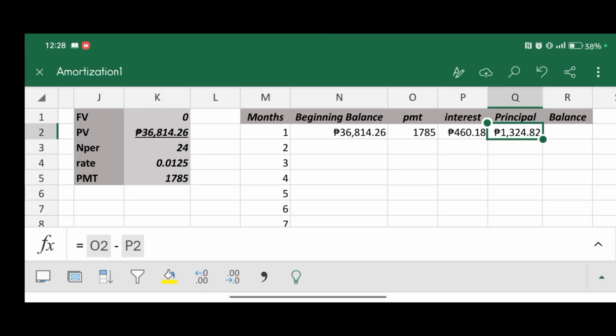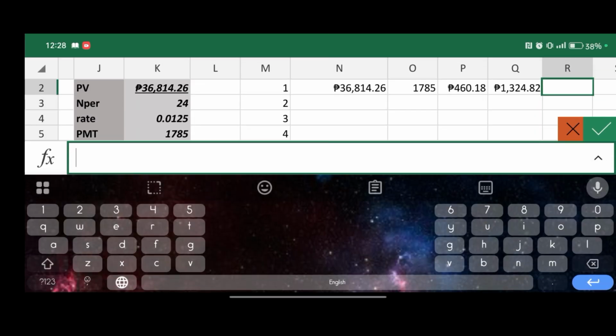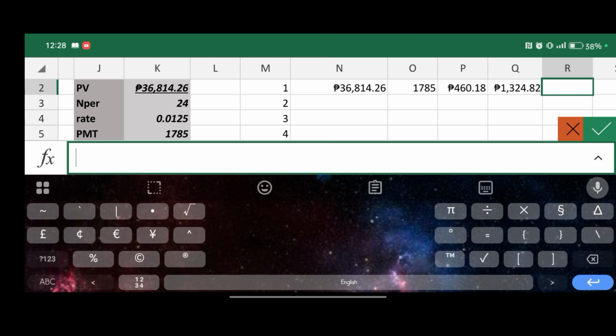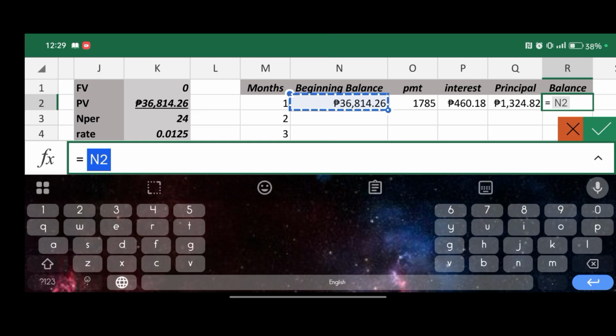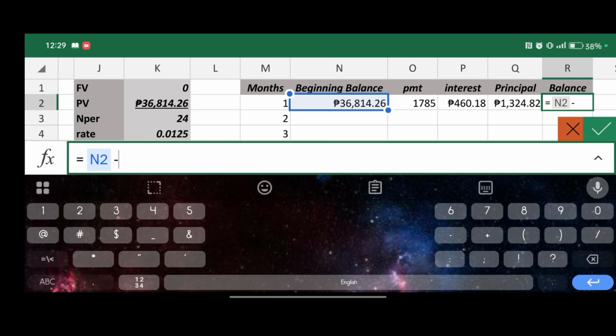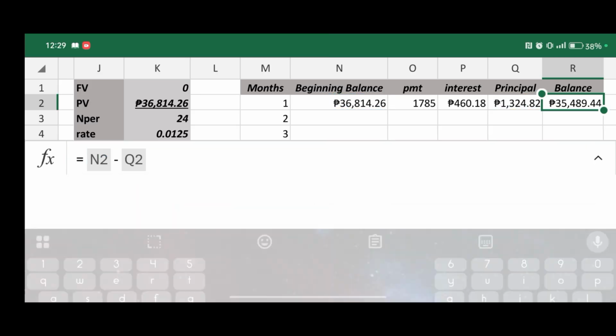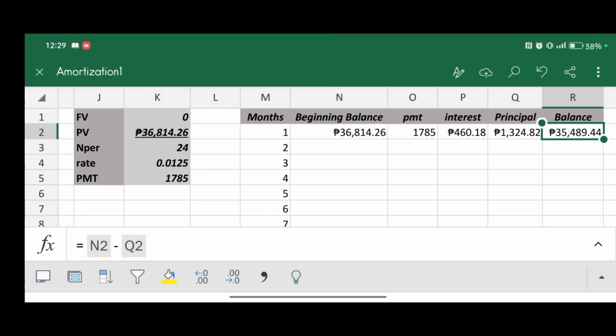So that is our principal. Then the balance or the remaining balance is computed by subtracting the principal from the beginning balance. So equal sign, then beginning balance minus the principal. Then there you have it. So that is how the first payment goes.